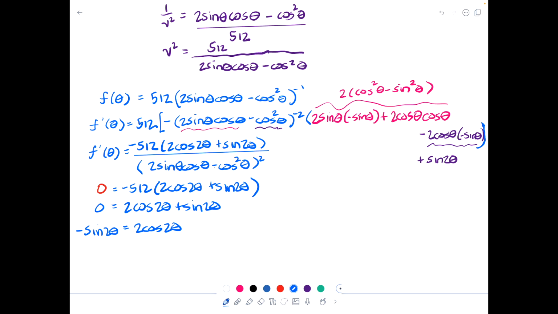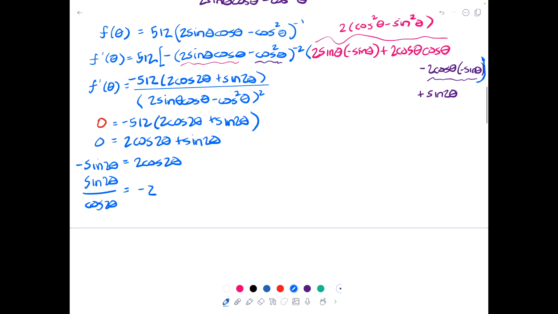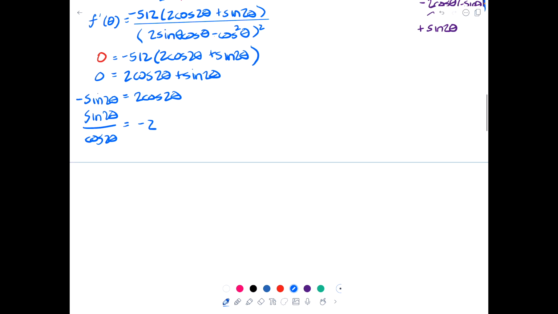And dividing both sides by cosine 2 theta and swapping that negative, we'll have sine 2 theta over cosine 2 theta is equal to negative 2. So now this is equivalent to tangent 2 theta is equal to negative 2.